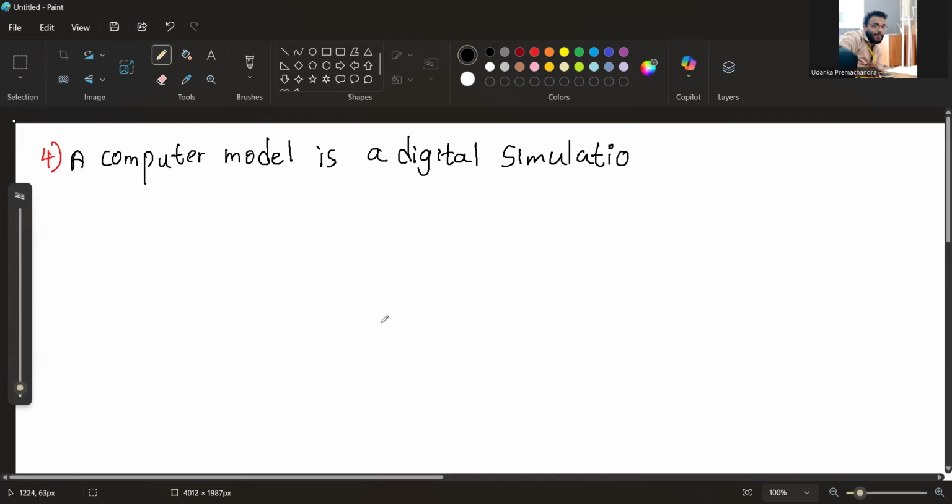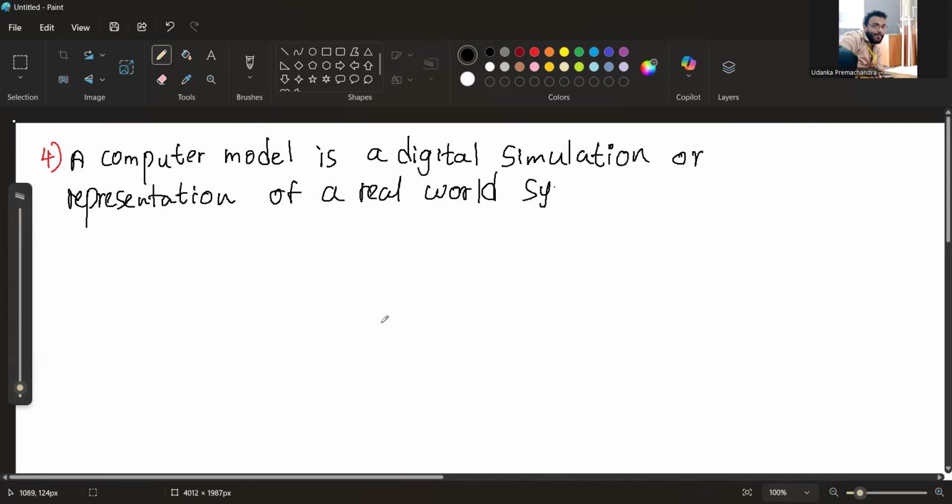It may be a digital simulation or representation of the real world system. Computer model is the digital simulation or representation of the real world system.